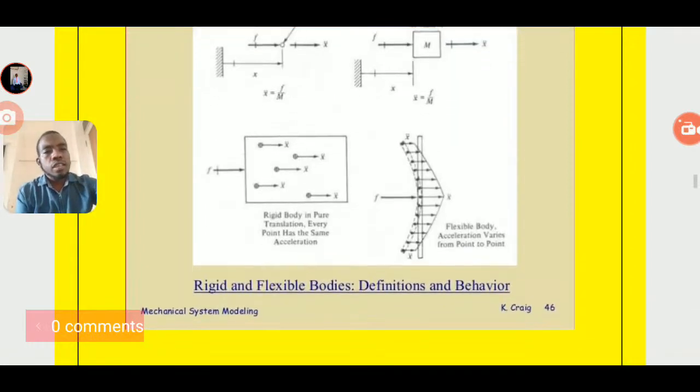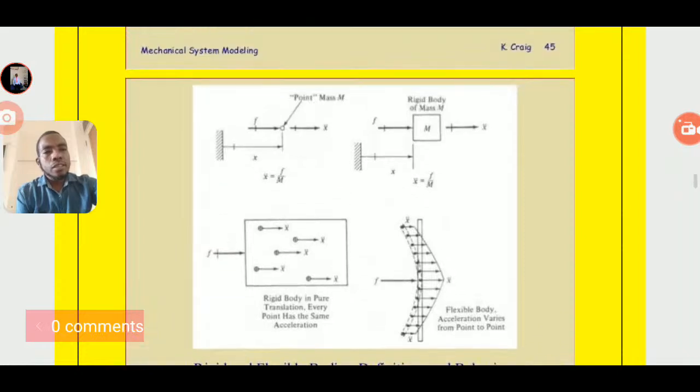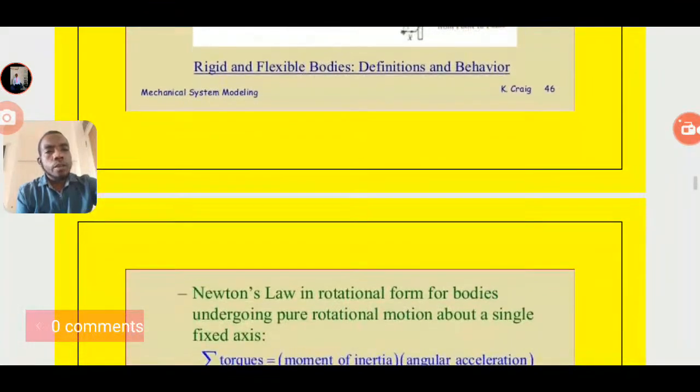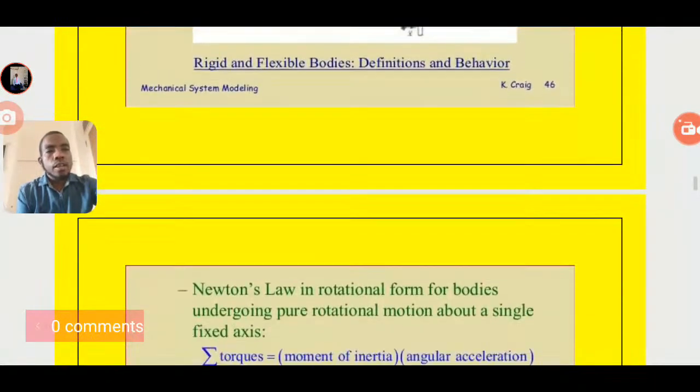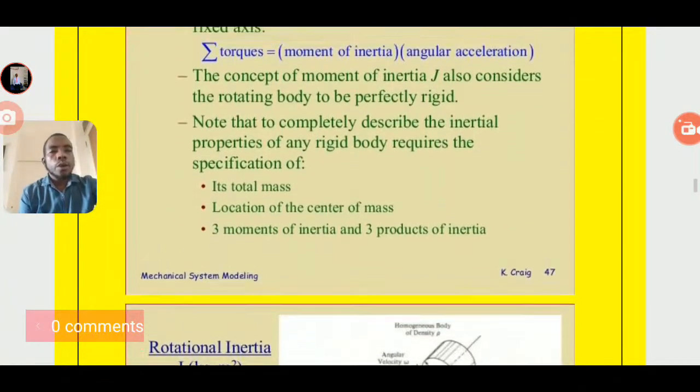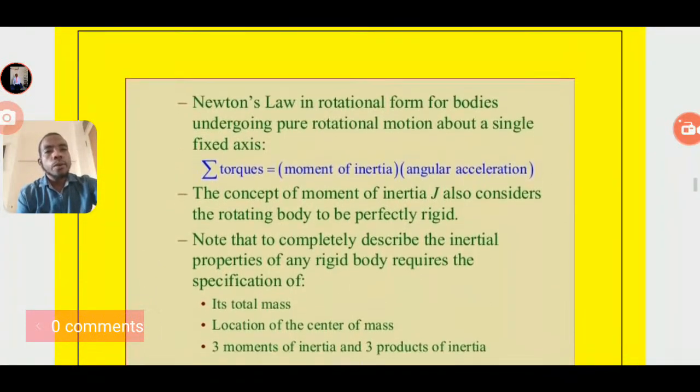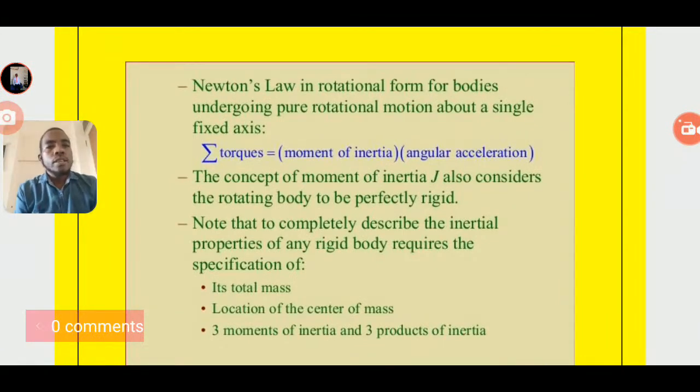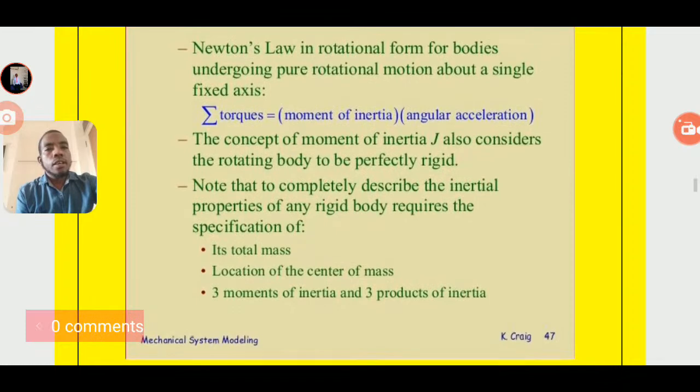So this is the diagram. We can see it like this also. Newton's law in rotational form, for bodies undergoing pure rotational motion about a single fixed axis, says that the summation of torque is equal to moment of inertia times angular acceleration.